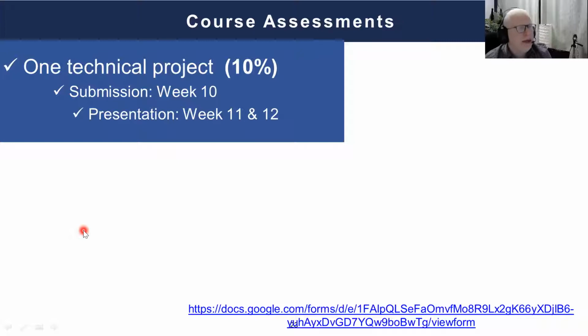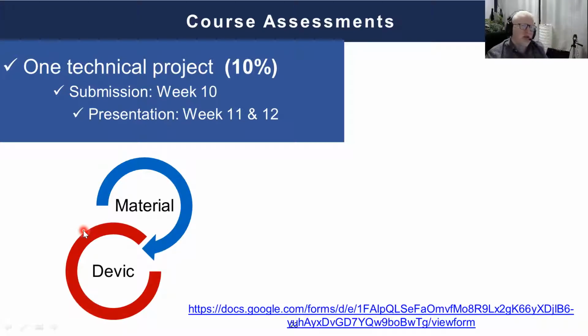So let me describe it in a better manner. In our course, as I mentioned, we are dealing with materials and devices. So our group project will be based on each group consisting of two students.